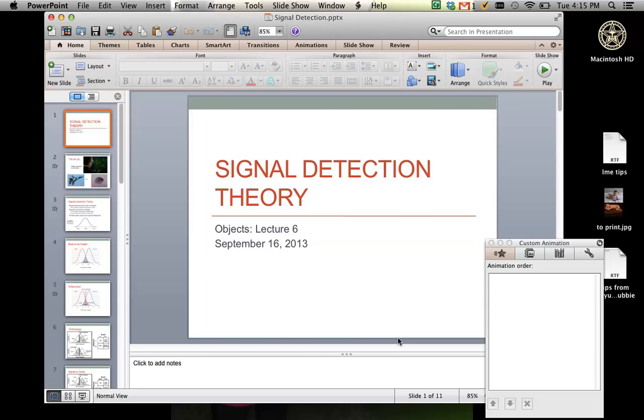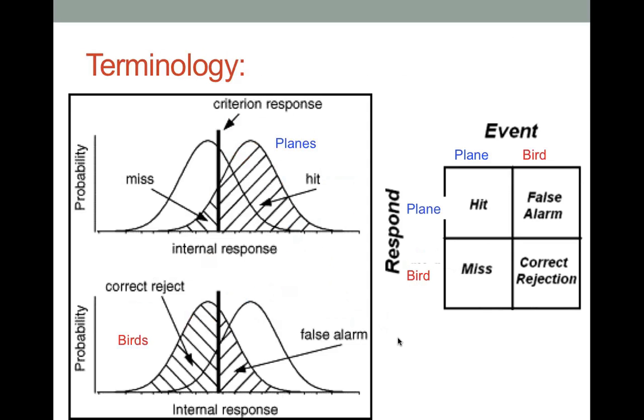Okay? So now let's do some terminology here. First let's look at the event that it is actually a plane. So that means it will come from this distribution here on the right. And we've got our criterion in here, this black line.